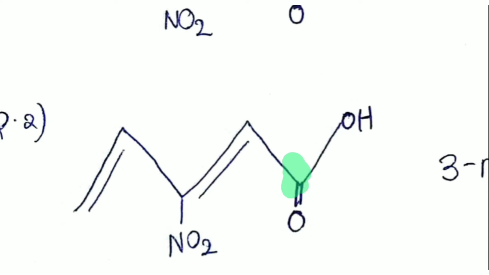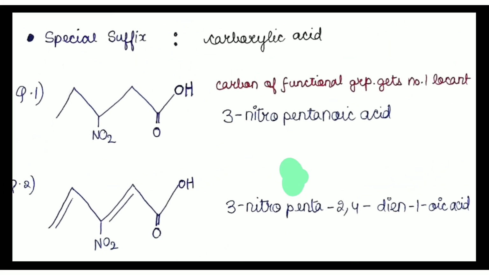So our carboxylic acid gets number 1 locant, our double bonds get number 2 and number 4 as the locant, and the nitro group gets number 3 locant like in the previous question. So how are we going to name this compound, guys? It's going to be 3-nitropenta-2,4-dien-1-oic acid. That's how we're going to name this compound, guys.